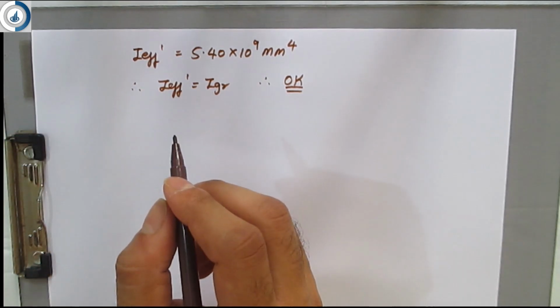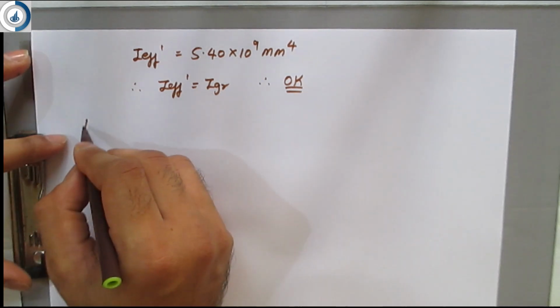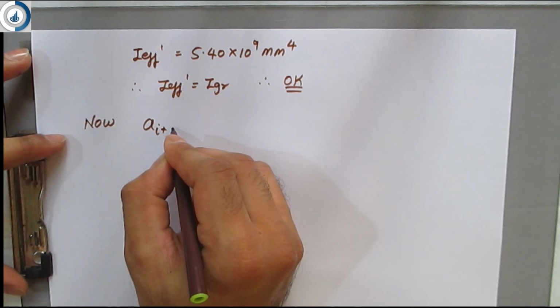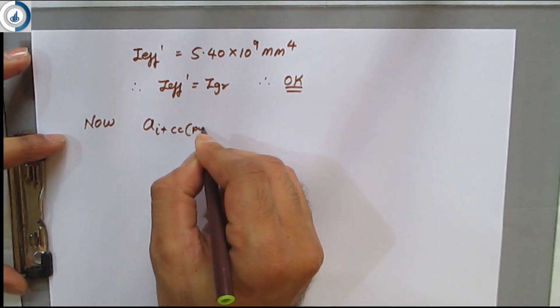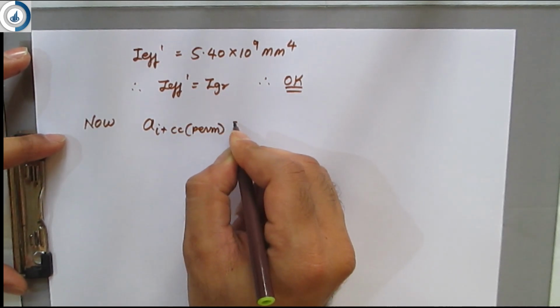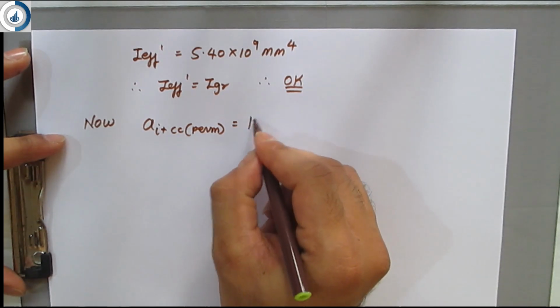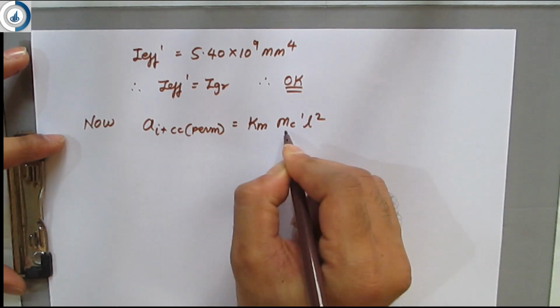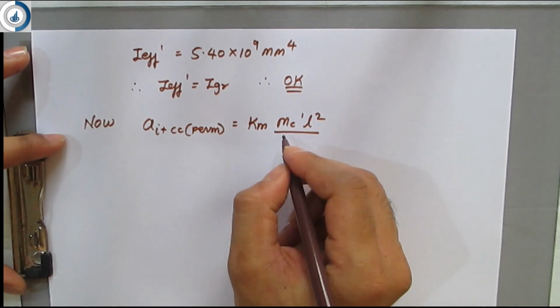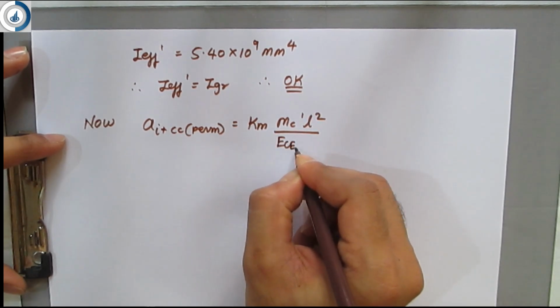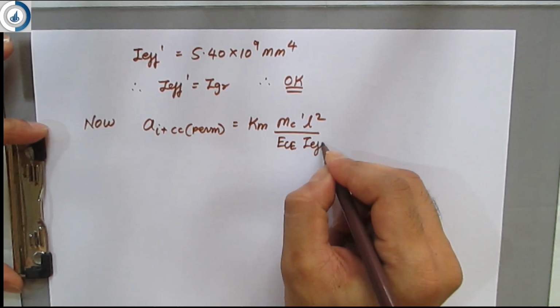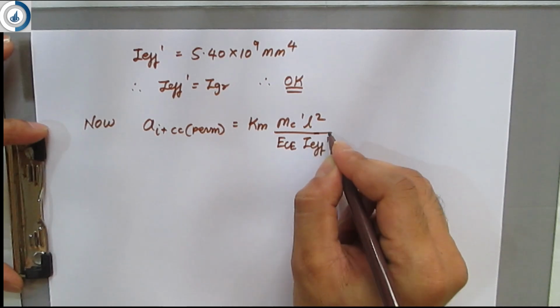Now you have to find the first one, AI plus CC permanent. Okay, so the same value again: Km MC dash L square divided by EC and I effective dash, the effective modulus of elasticity and the effective moment of inertia dash which we have calculated.